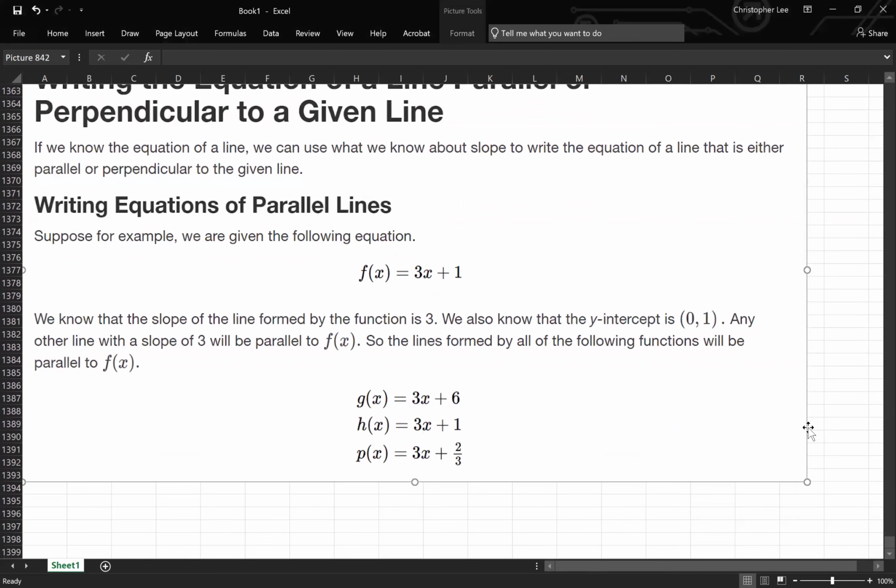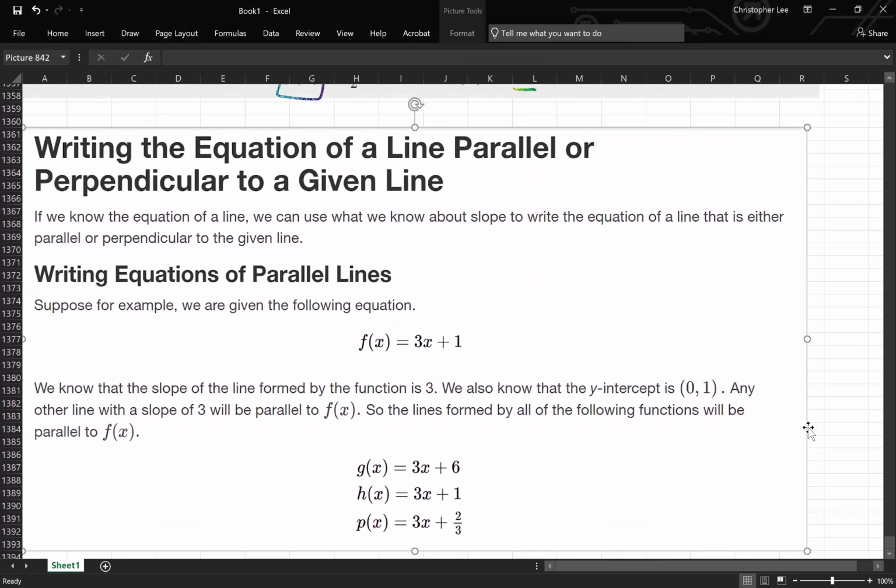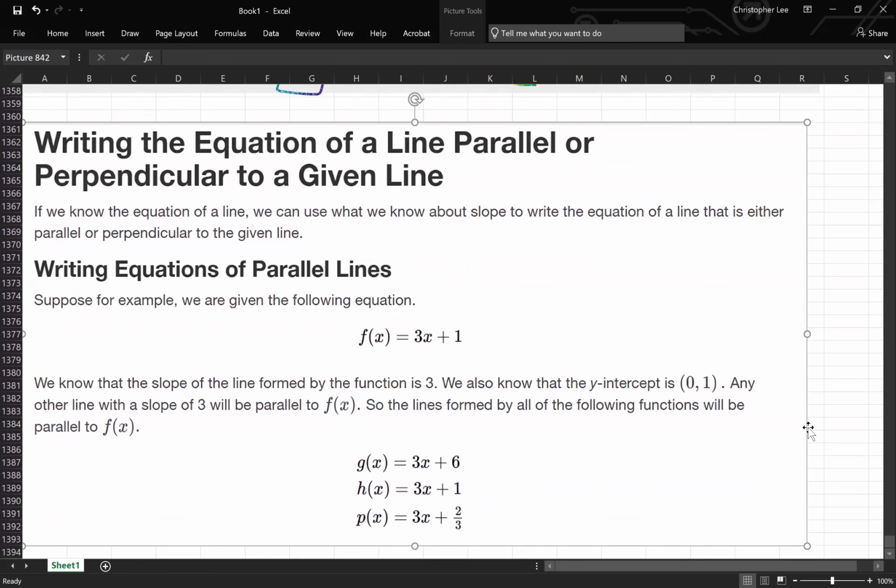So writing the equation for a line parallel or perpendicular to a given line. If we know the equation of a line, we can use what we know about the slope to write the equation of a line that is either parallel or perpendicular to the given line. So writing equations of parallel lines, suppose we were given the following equation, f of x equals 3x plus 1.